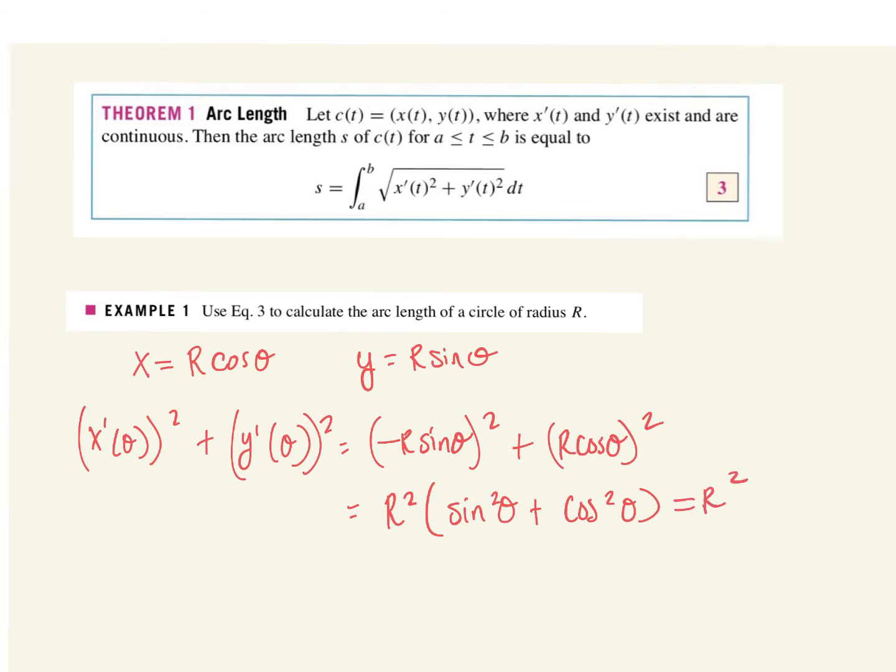So now that I've got this super easy inside of my square root, then I can go to my formula. S, arc length, equals the integral from a to b, or 0 to 2 pi I should say, of the square root of r squared d theta, which of course the square root of r squared is just r.